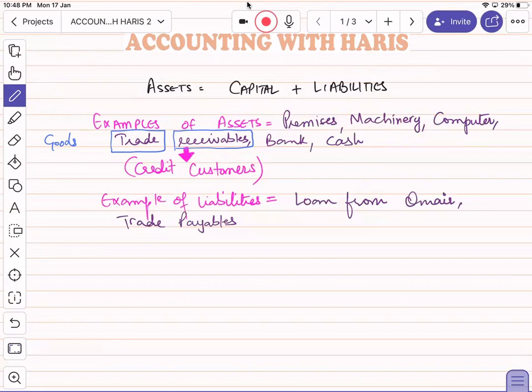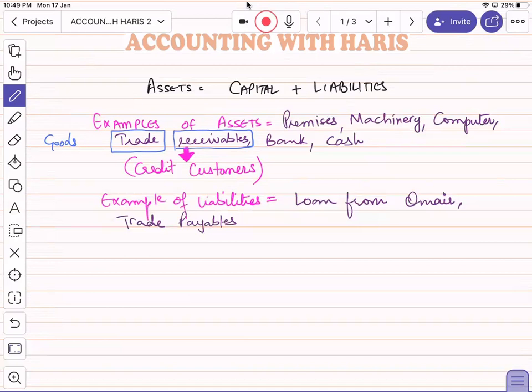That is why I'm referring to it as an asset. Even assumingly, if X hadn't bought any goods on credit, then we would have more cash or more money in our bank. But now he owes us money, so we have less cash and less amount in our bank account.